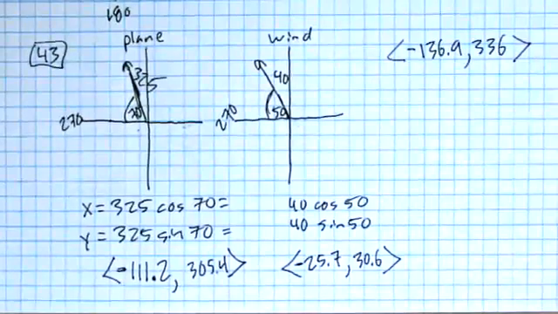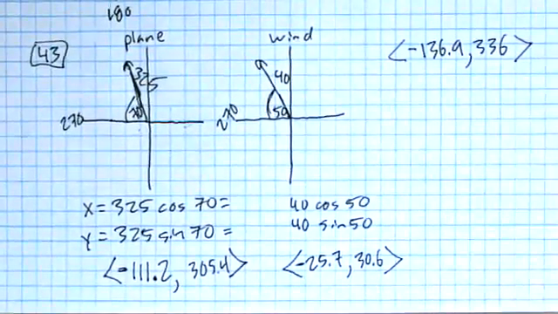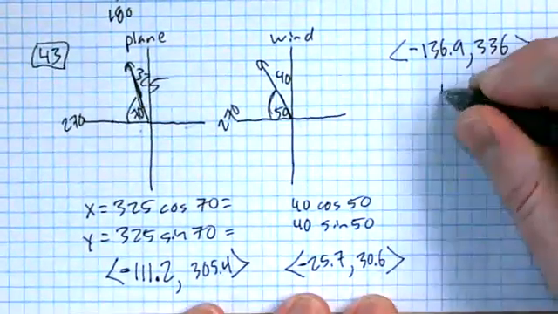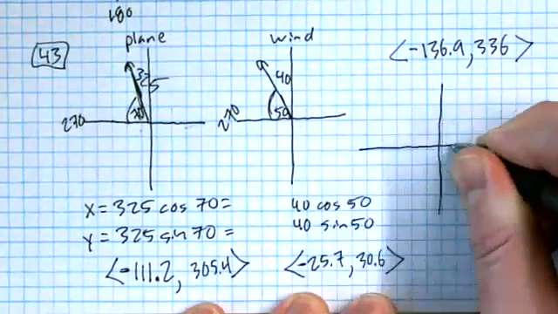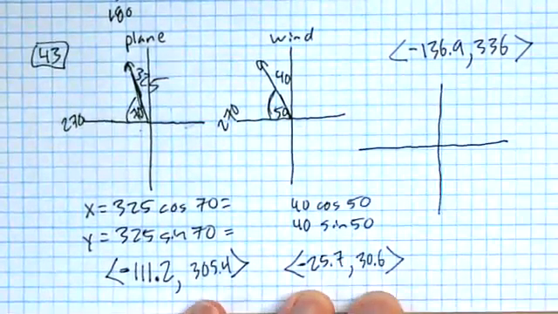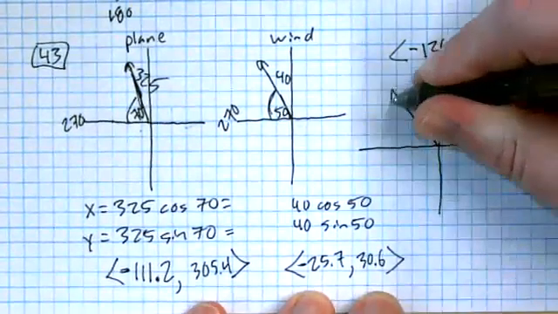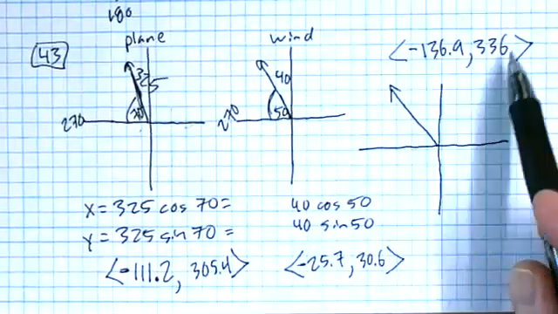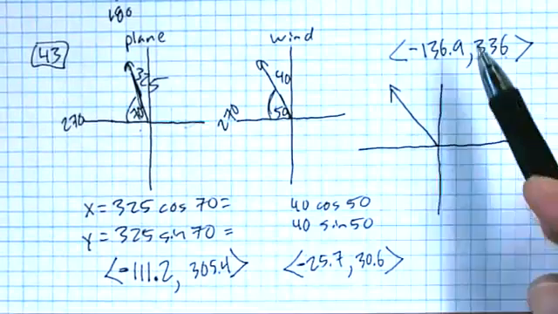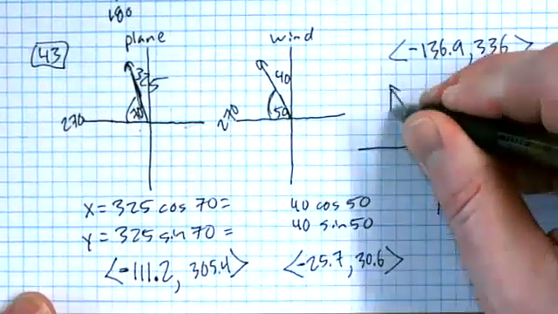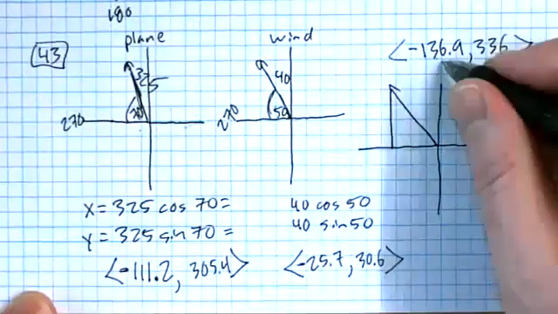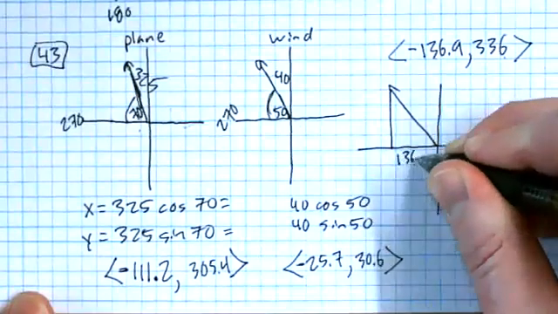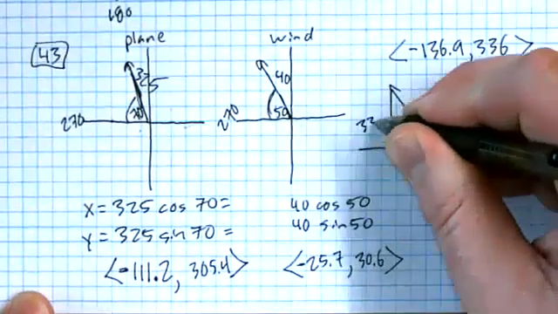Now it says find the actual ground speed in the direction of the plane. So now we're going to build a final triangle here. So both of them together are still going to be facing in that direction. I know because X is negative and Y is positive. If I make a little triangle here, the X component is 136.9, the Y component is 336.